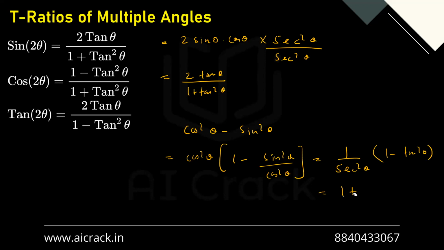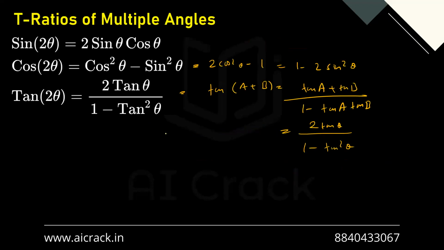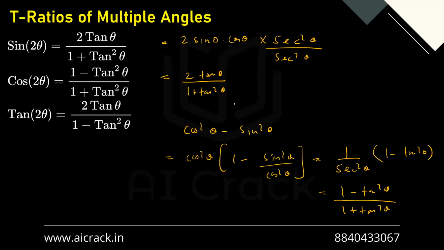Again, sec square theta can be written as 1 plus tan square theta. So this becomes this particular format. And obviously, if we divide both of them, we'll get 2 tan theta upon 1 minus tan square theta, which we had derived earlier, based on tan of (a plus b). So you have to remember these formulas as well for multiple angles.